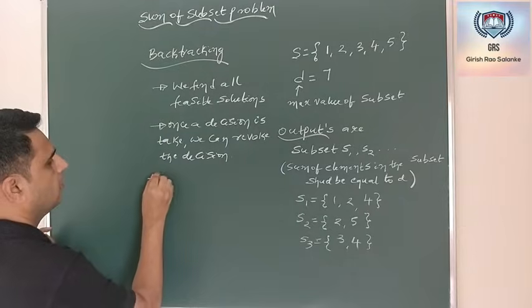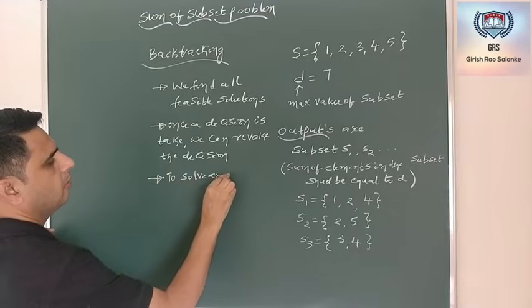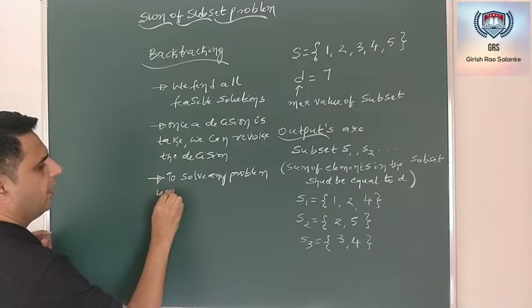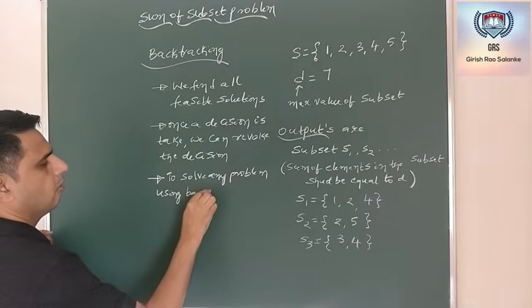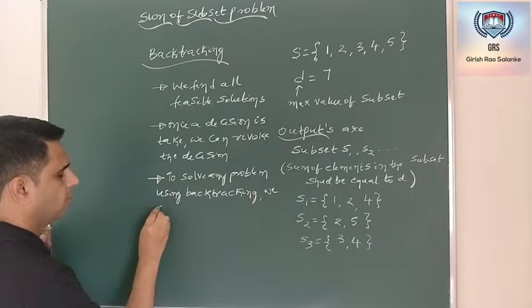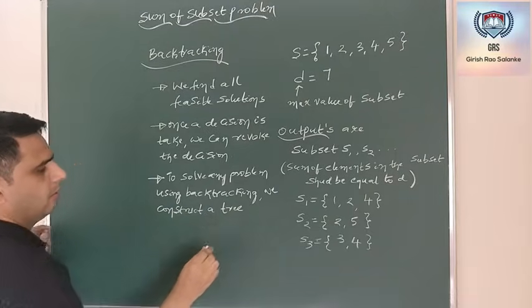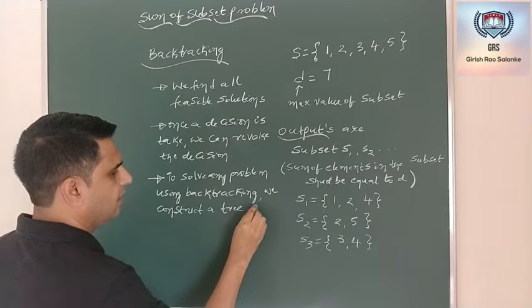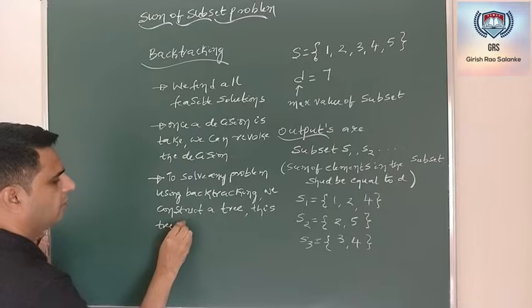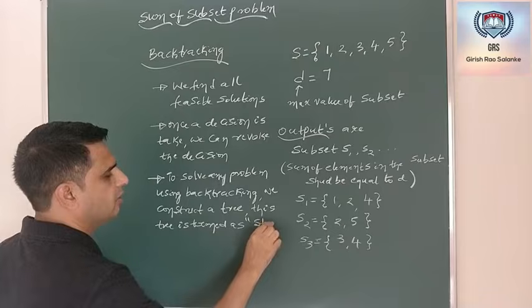Third point is, to solve any problem using backtracking, we construct a tree, and this tree is termed as the state space tree.